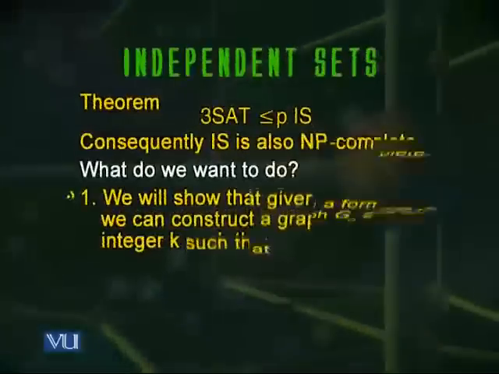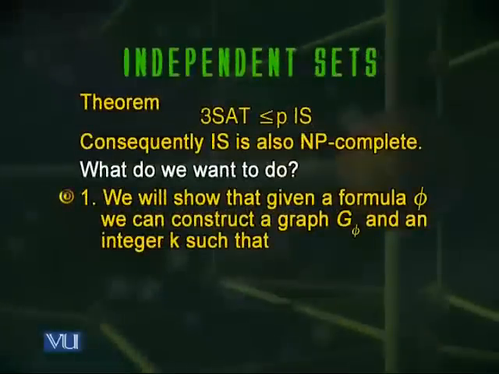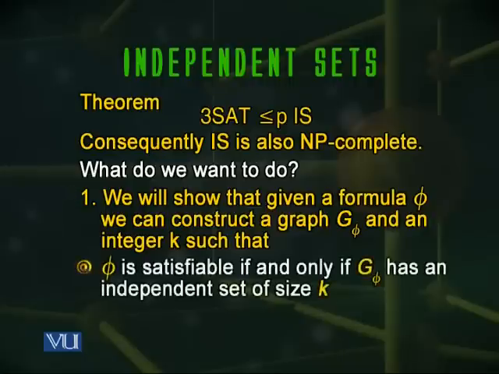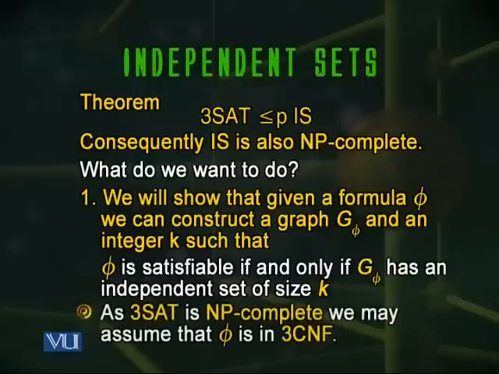So let's spell out what this reducibility will have to do. We will have to show that given a formula phi, we can construct a graph, let's call it g sub phi, and an integer k such that phi is satisfiable if and only if g sub phi has an independent set of size k. As we're dealing with 3 SAT, and as 3 SAT is NP complete, therefore we get to assume here that phi is in 3 CNF.